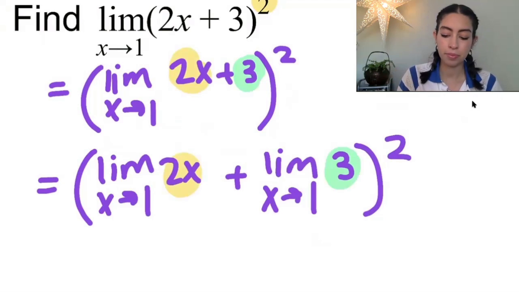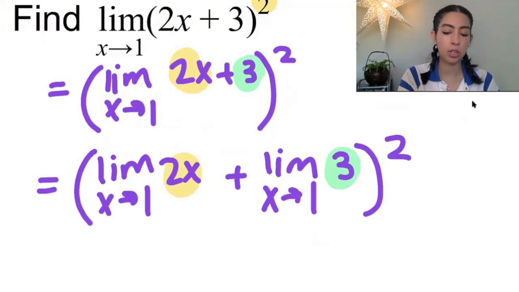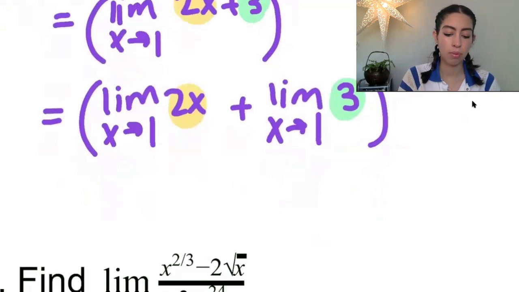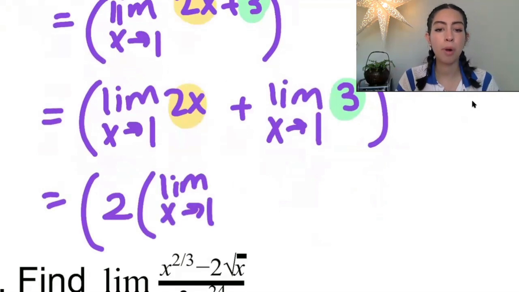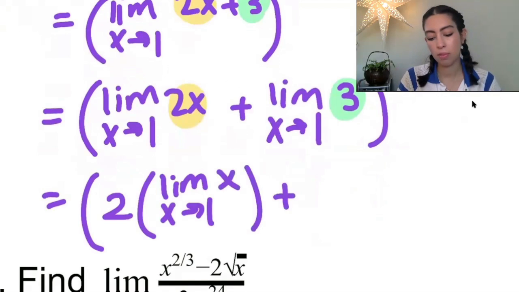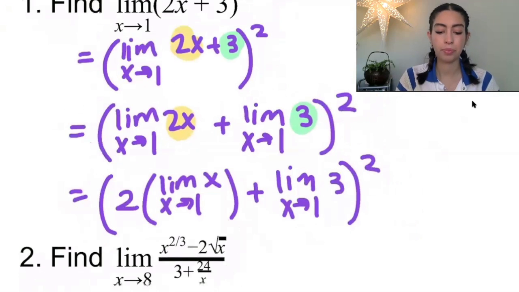And 3 is already super simplified there. 2x, I could go ahead and pull that 2 out, so it becomes 2 times the limit as x approaches 1. We're using the constant multiple property there, and then it just becomes x, plus the limit as x goes to 1 of 3, all squared.